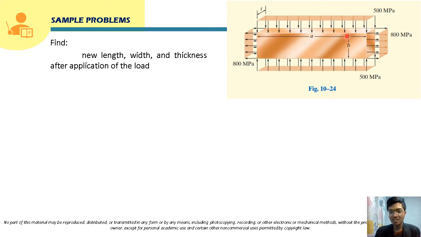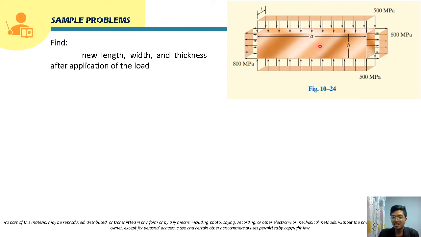Along the width B, this is the y direction. And the direction along the thickness will be the z direction. As you can see here, in the x direction, this is the loading. This is actually in tension, right?